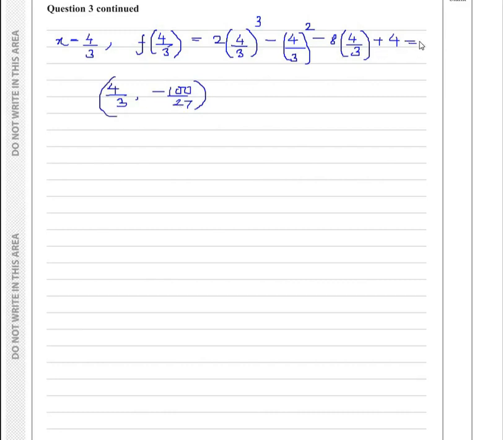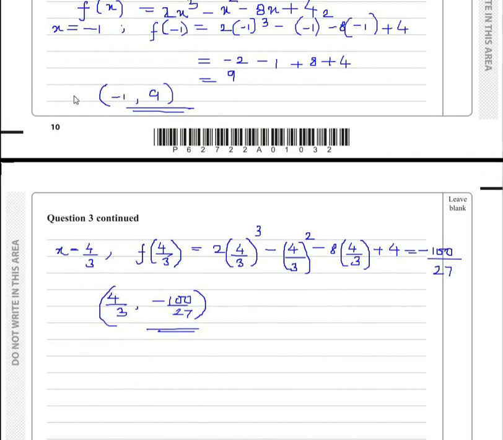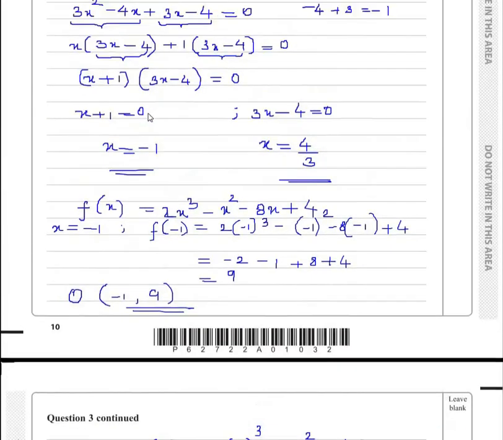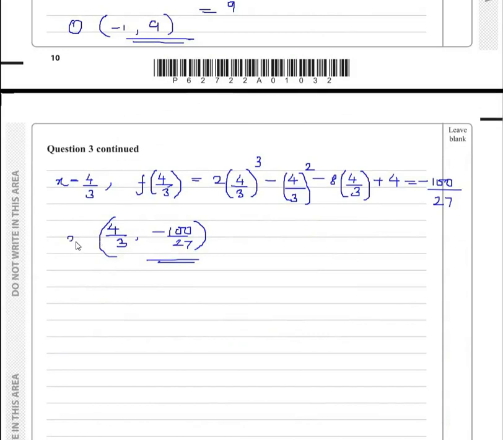So these are the two exact coordinates we get. This is the first coordinate where we find the first stationary point, and this is the second coordinate where you can find the second stationary point.